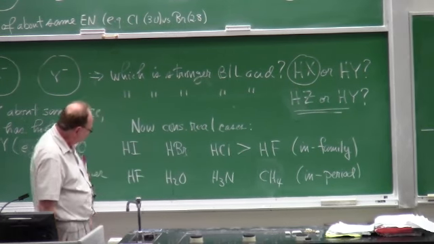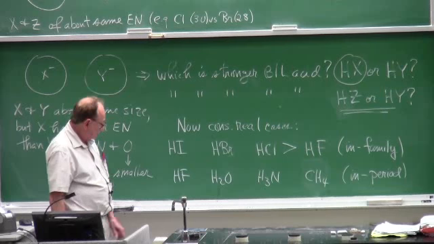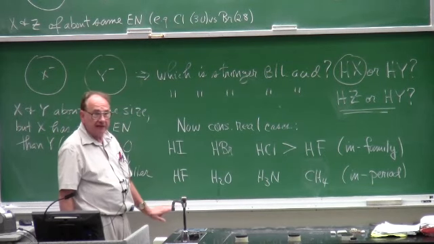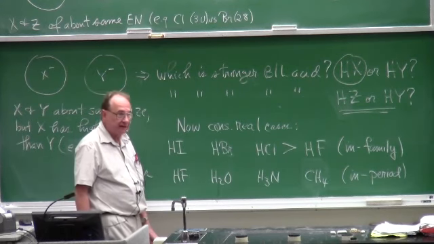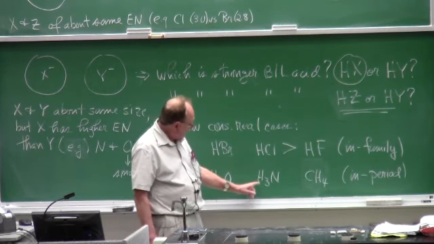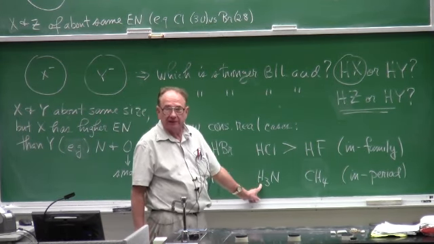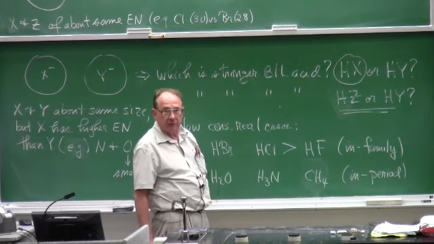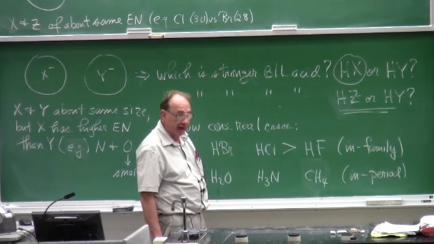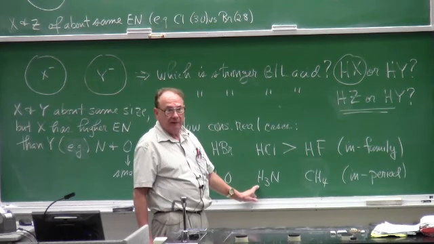Now let's look at these acids. In our acid-base table, we have HF and H2O listed in the acid column. We have the ammonia molecule in our acid-base table listed only in the base column. And we've already argued that ammonia is a pretty weak base. Pardon me, an extremely weak acid.